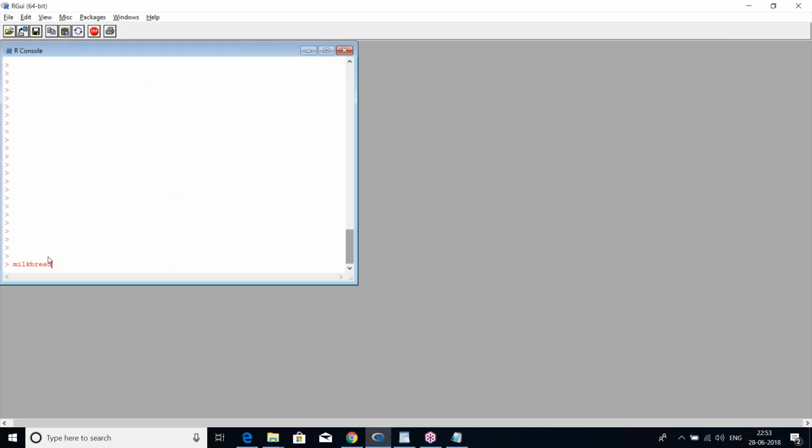So a quick way to do that is to load this as a CSV, and I'm defining a variable called milk bread. So this function called read.csv, and I'm going to pass the file name, which is milkbread.csv, and then I can quickly check whether it has been loaded or not.